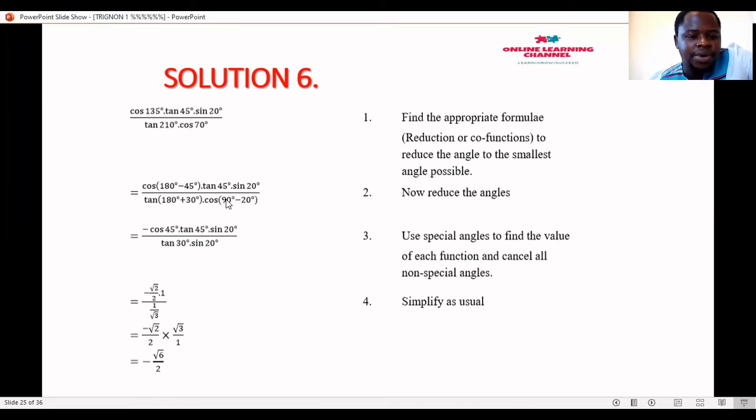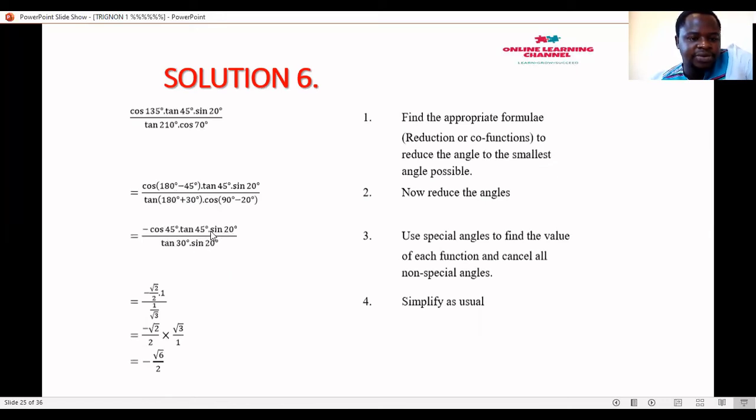Now this cos 90 minus 20 will change because of its cofunction. So 180 minus 45, you say negative cos 45, multiplied by tan 45, multiplied by sin 20, all over tan 20 multiplied by sin 20. Because of its cofunction, this changes to sin 20.